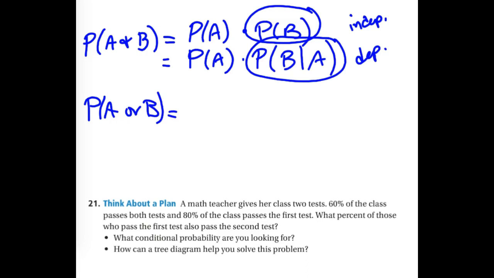What is the probability of A or B? If and was multiplying, or is addition. So we have to add the probability of A with the probability of B. But then there was one extra little piece on there. What was it?